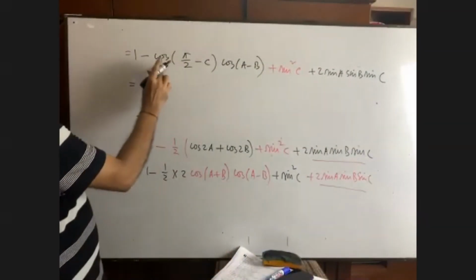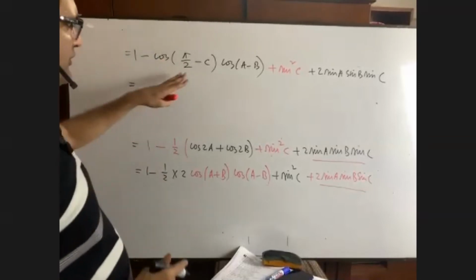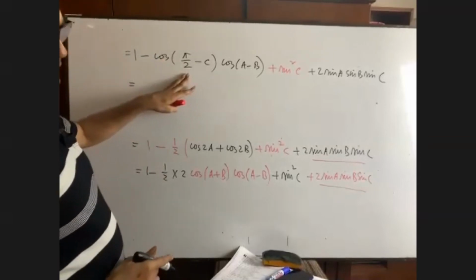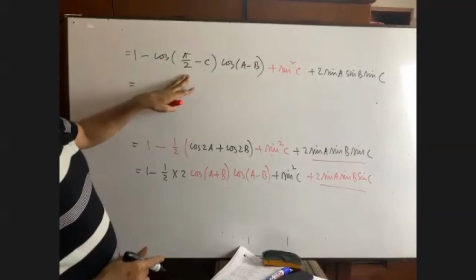Can you tell me what will be here? I have to give the side note: A plus B plus C equals pi by 2.